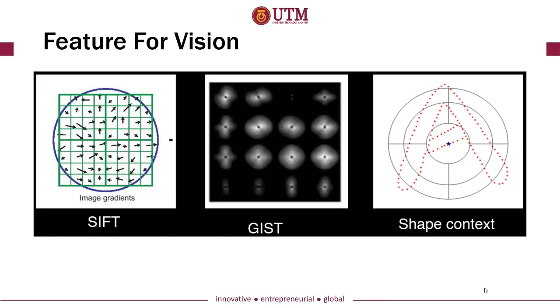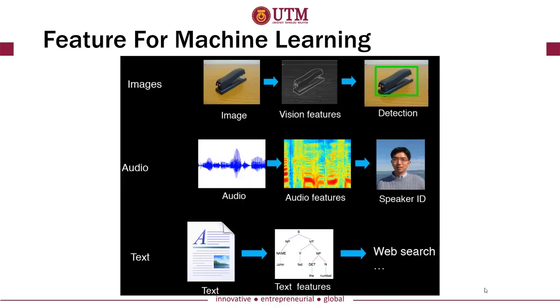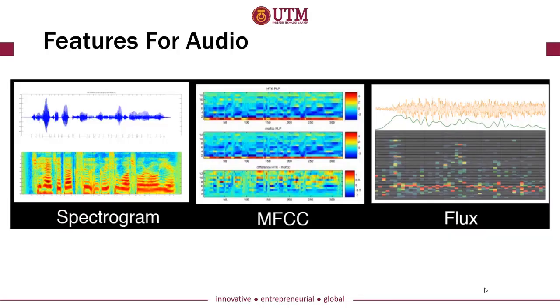In computer vision we have SIFT, GIST, and shape context. If you are interested in speech recognition, then these are three common feature extraction approaches in speech processing: spectrogram, MFCC, and flux.